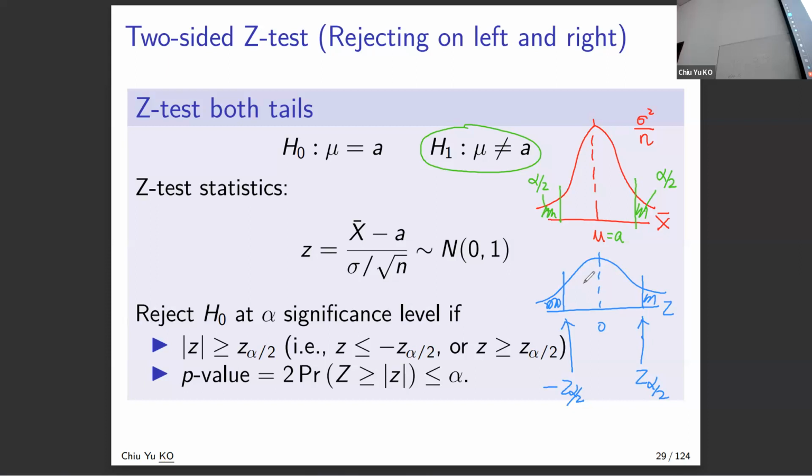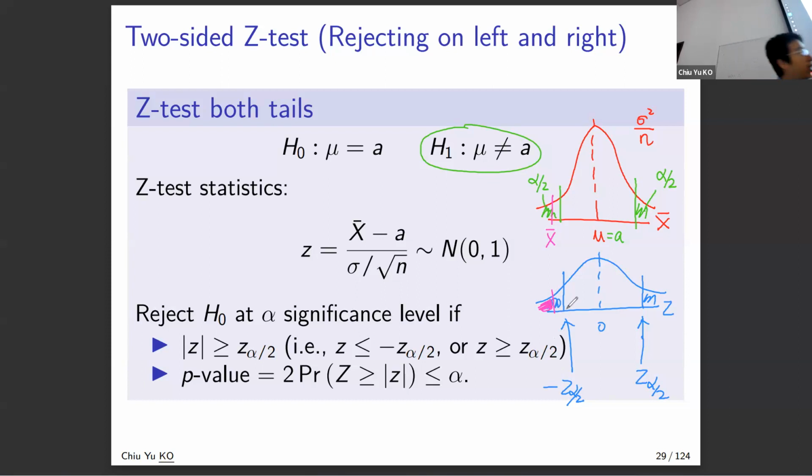Now the only tricky part is the p-value. Remember the p-value is the value that would adjust our alpha such that it just rejects. Suppose the data we have ends up right here. What's the p-value here? You have to calculate this area and times 2.